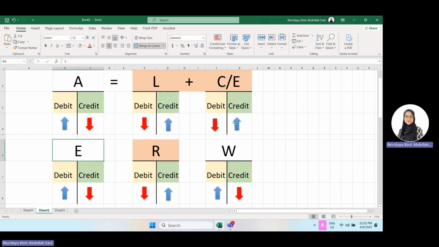So just now, capital increases on credit, and withdrawal will reduce capital, so the other way around. That's why withdrawal increases on debit and reduces on credit. Okay, so basically this is double entry.